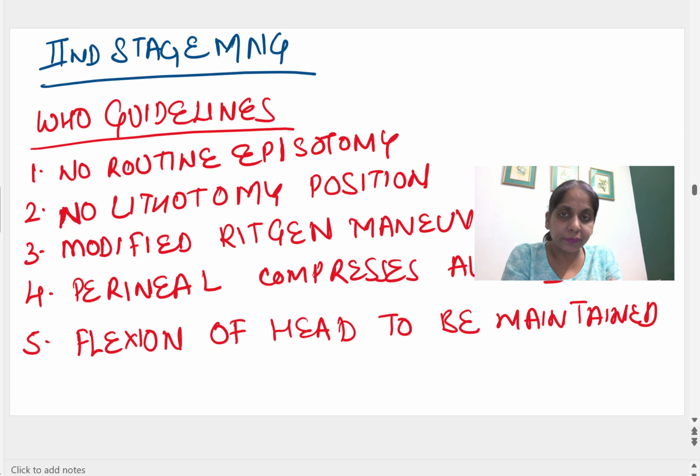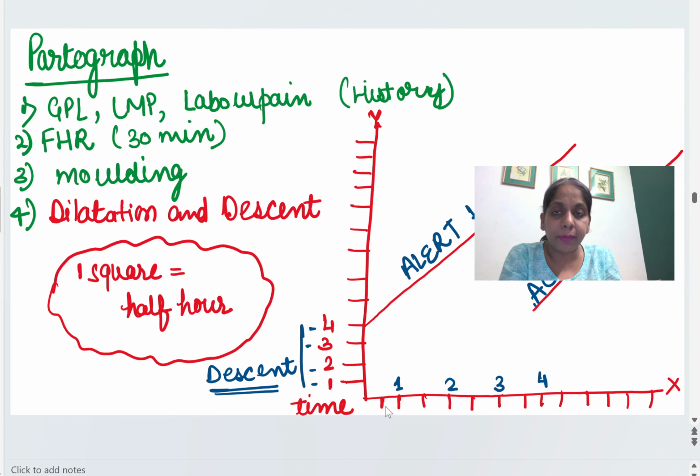In whatever position the patient wants. So lithotomy position is not essential. Modified Ritgen maneuver is used to deliver the head of the baby. We can give perineal compression. Recent WHO guidelines say that flexion attitude should be maintained.